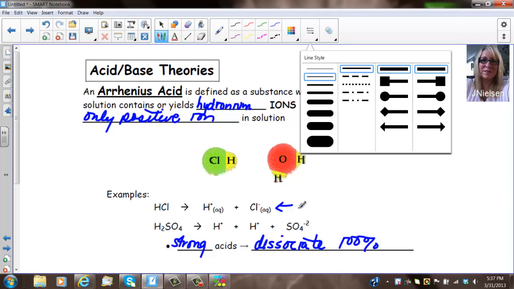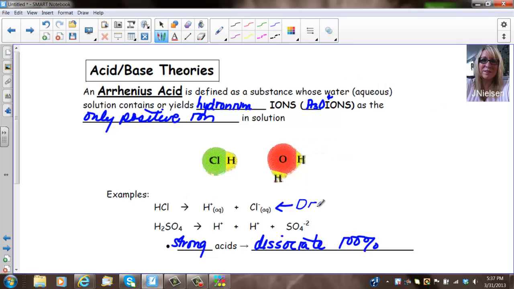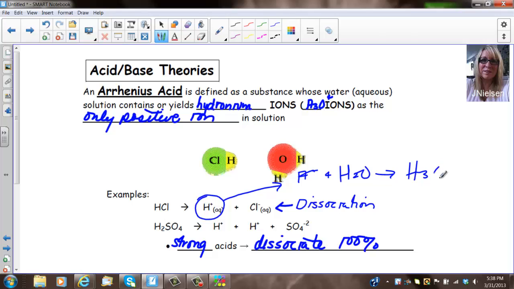And again, this is an example of dissociation. Now, what you're not seeing here is as soon as this H and the Cl separate in water, this H hooks up with H2O to form H3O, which is the hydronium ion.